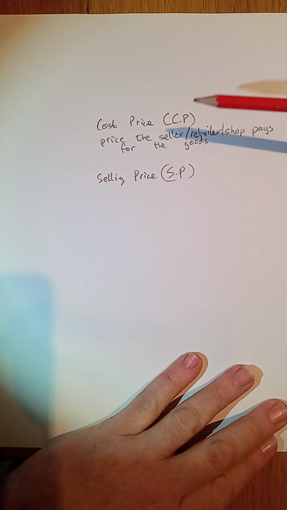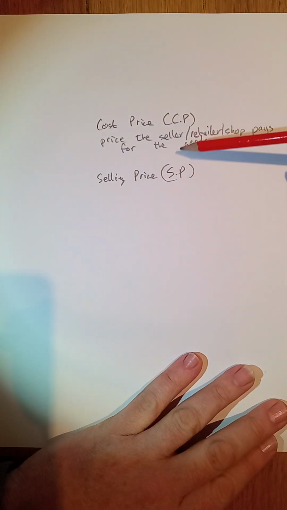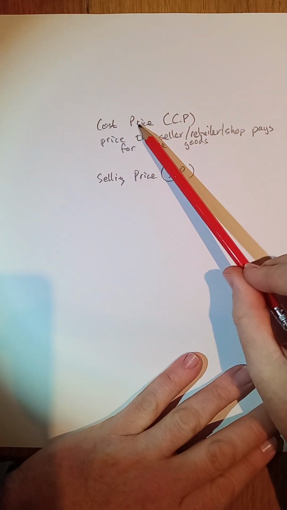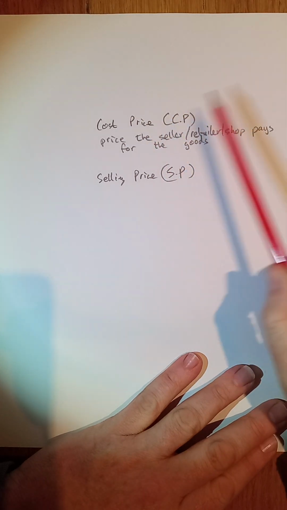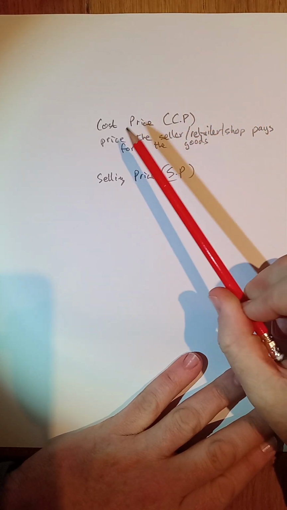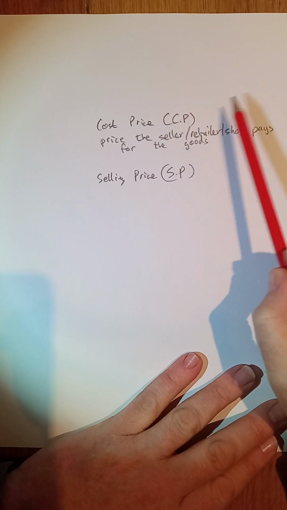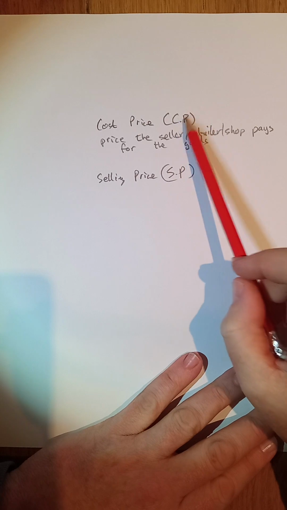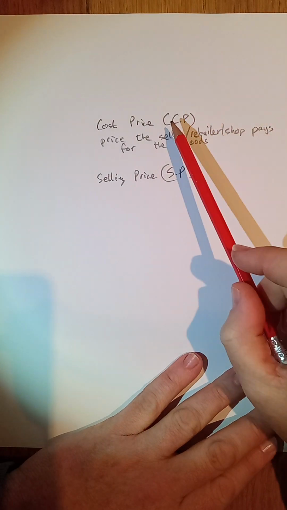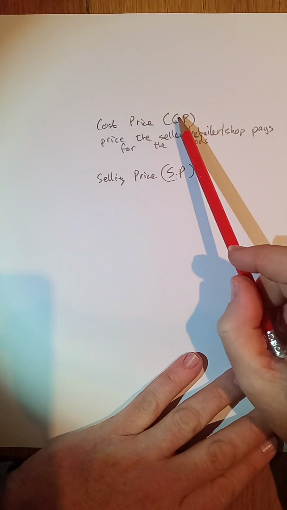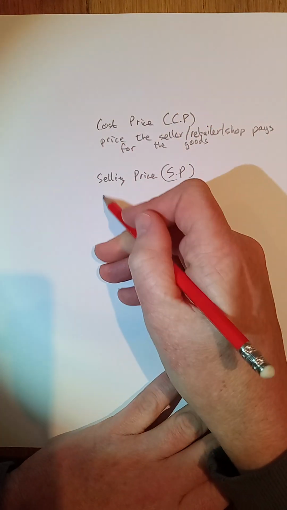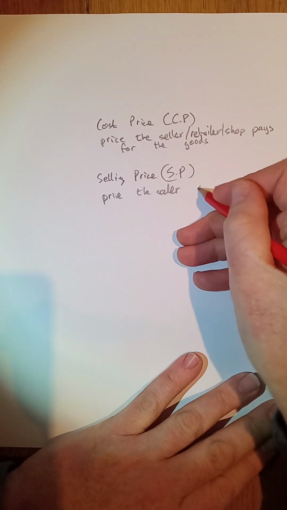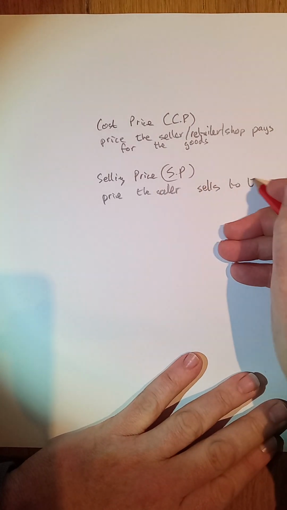So, a Tesco, or a Dunnes, or a multiple, any of those shops, they will get a cost price from the producers, the Coca-Colas, the farmers, the bread makers. They'll all have a cost price that they're willing to give to the multiple chains that you go in and buy your normal stuff from. Okay, the selling price is the price the seller sells to the customer.